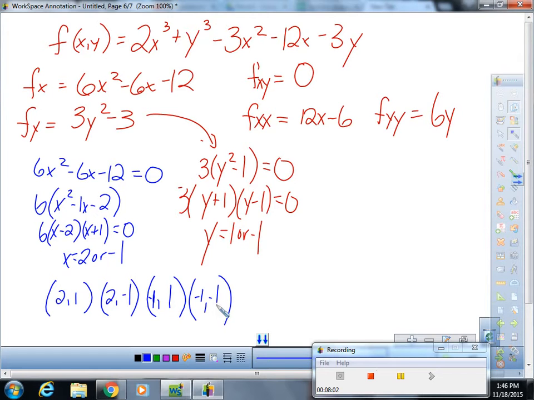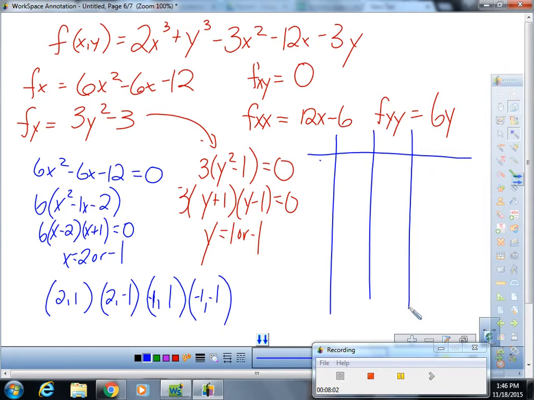So the next thing you do is you make a chart. And in this chart, you need 4 columns. Okay? The first column, you have your point. The second column, you've got your f sub xx.